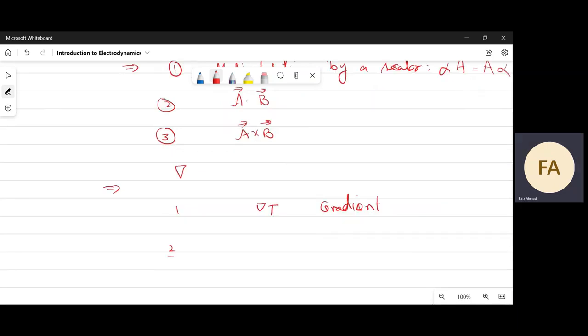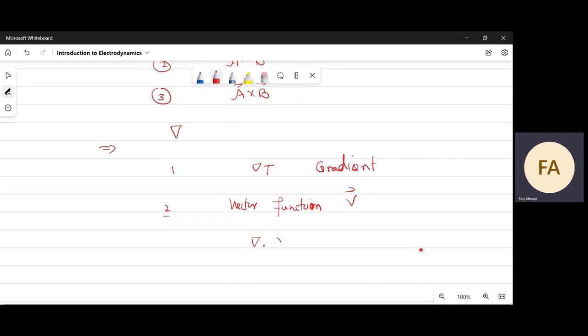The second kind will be the dot with some vector quantity. Say we have a vector function V, so it will become del dot V, and it is called the divergence. We will see in detail what divergence is.